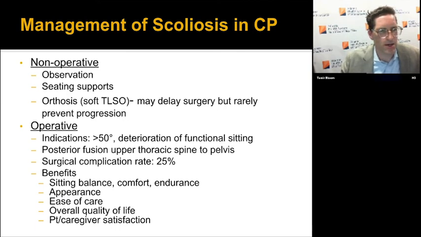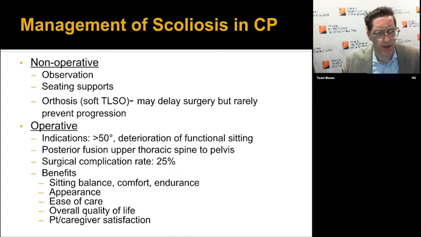And so our management is both non-operative and operative. Non-operative management includes observation for smaller curves, sitting support, occasional orthoses, but unfortunately, while these may delay surgery, they rarely prevent progression. Our indication for surgery is roughly 50 degrees Cobb angle, although that is variable depending on the location of the curve, as well as deterioration of functional sitting. Surgery usually entails a posterior instrumented fusion from the thoracic spine to the pelvis.